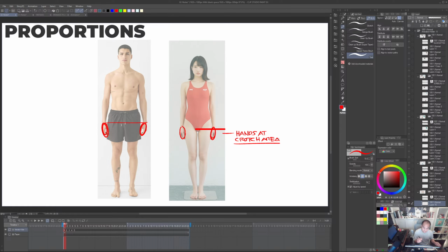And basically the elbow over here would be where this rib area ends, right?